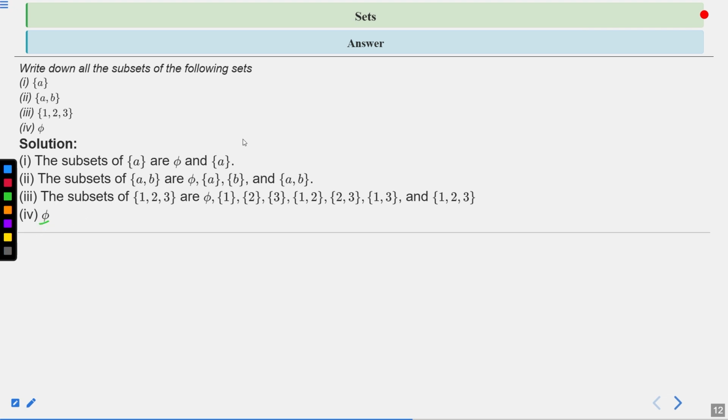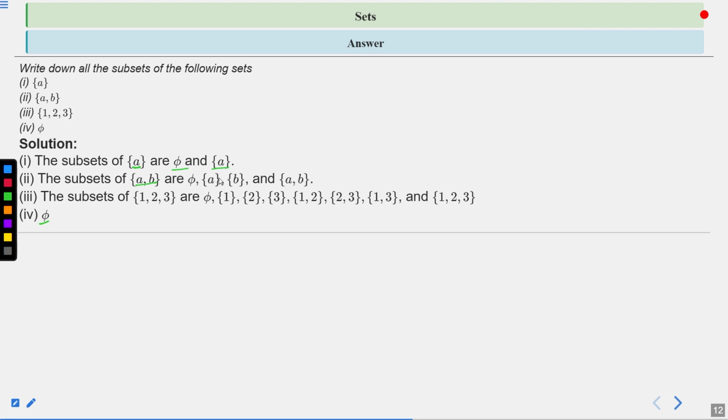Observe here, the number of subsets of a given set is simply given by 2 raised to the power of the number of elements in that set. So here we are having one element, so 2 raised to power 1 is 2. As you can see, 2 subsets. 2 elements means 2 raised to power 2 is 4.